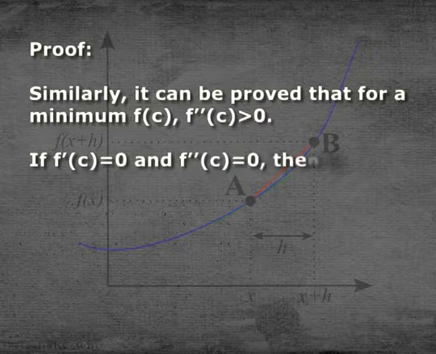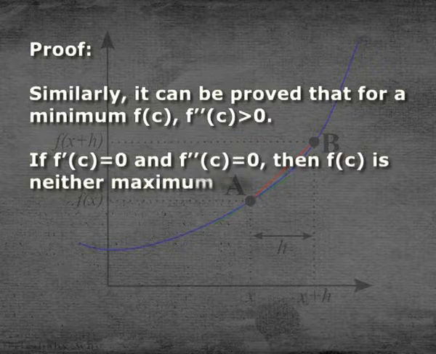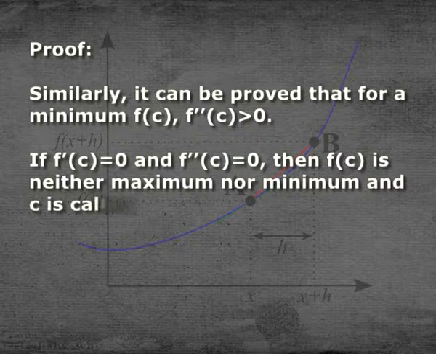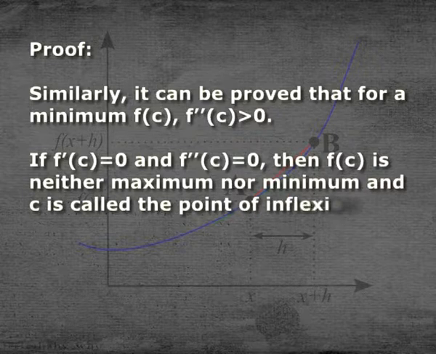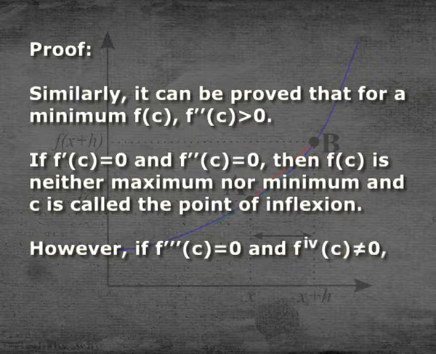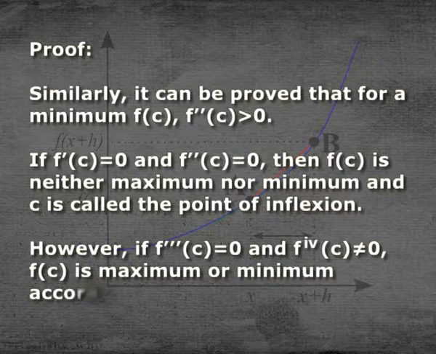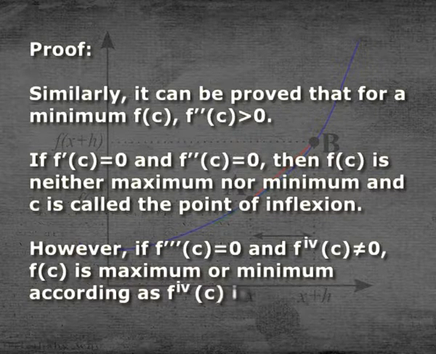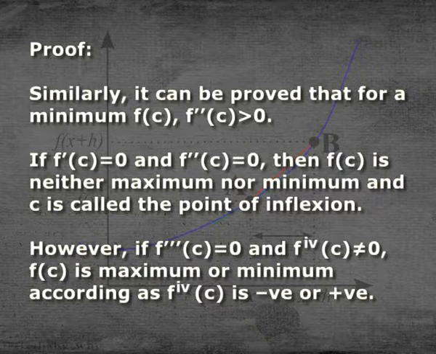Similarly, it can be proved that for a minimum f(c), f double dash c will be greater than 0. If f dash c is equal to 0 and f double dash c is also equal to 0, then f(c) is neither maximum nor minimum, and c is called the point of inflection. However, if the third derivative at c is equal to 0 and the fourth derivative at c is not equal to 0, f(c) is maximum or minimum according as the fourth derivative at c is negative or positive.